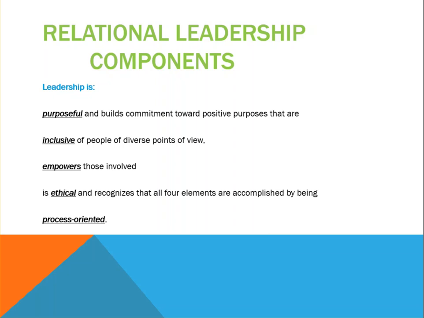It's bringing other folks in. It empowers those involved, so it just doesn't tell them what to do, but it helps them reach their potential and using their skills. It's ethical, meaning that it's based in values and morals. And then all of those 4 elements are accomplished by being process oriented, which means really focusing on how we do things, not just what we do. And we're going to go into those in more detail.